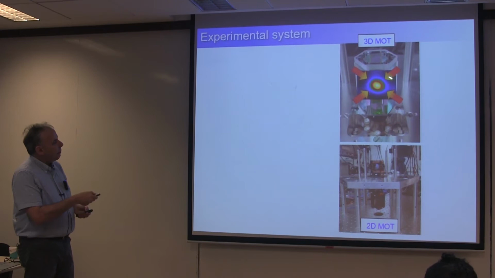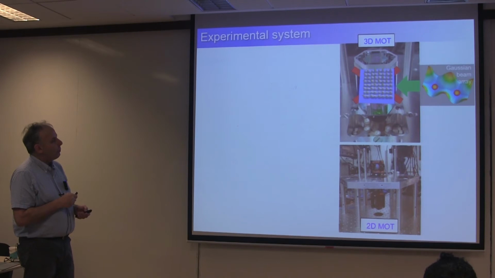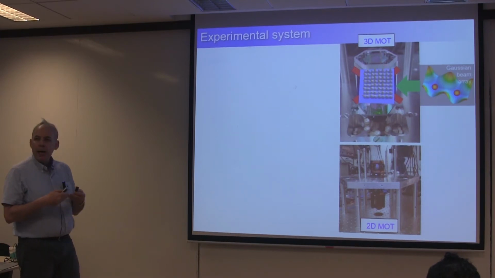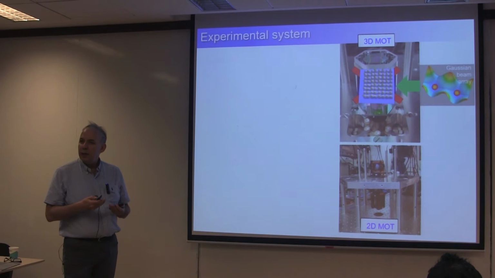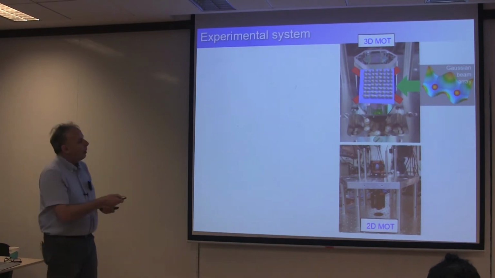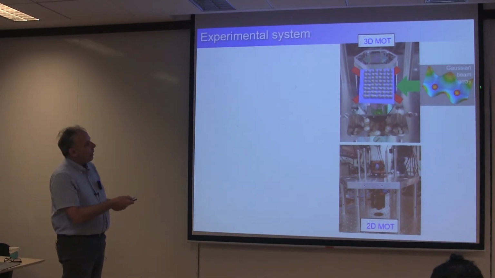We turn on beams and trap a few 100,000 cold atoms here. And then we project an optical lattice onto that magneto-optical trap. We use a kind of unusual lattice in my group, which you can think of as just a pattern of light intensity. So not an interference pattern, but just a spatial distribution of light.